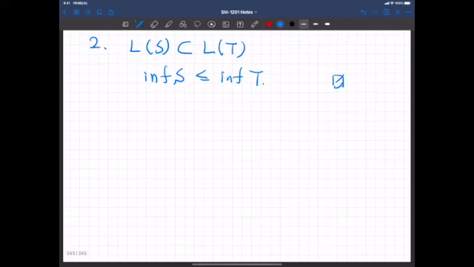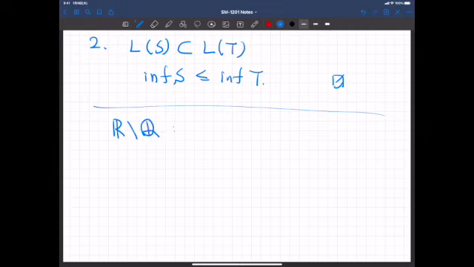Now we turn our attention to the continuity of real numbers. So first consider this set. So real numbers minus rational numbers. So this is the set of irrational numbers.